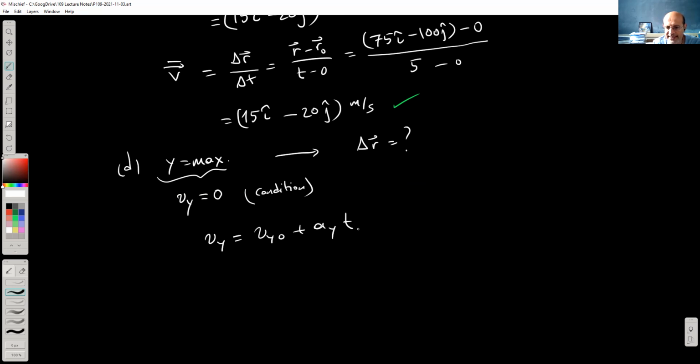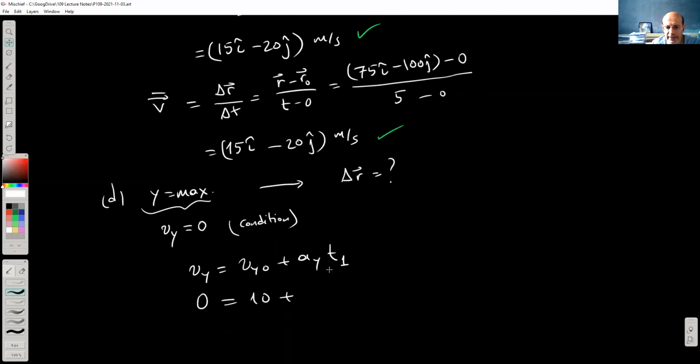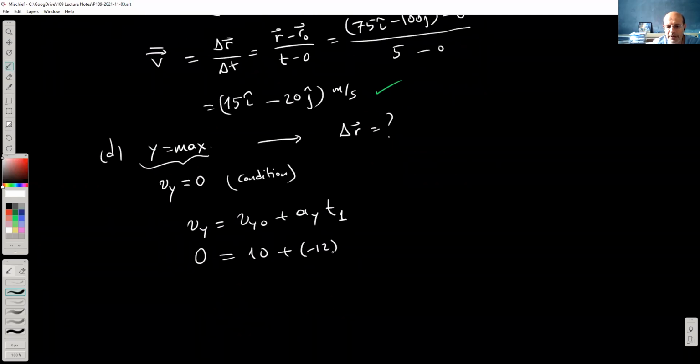Let me call this t1, a different time. Final y velocity is equal to 0. Initial y velocity was 10. The y component of the acceleration, I forgot, was minus 12. So we find the time from here. It is 10 over 12 seconds, positive, sorry about that.